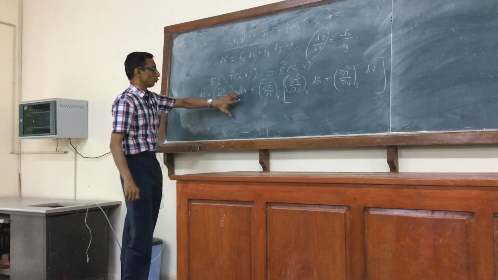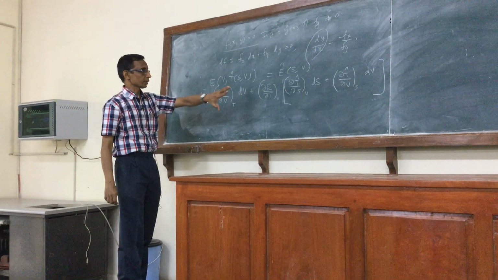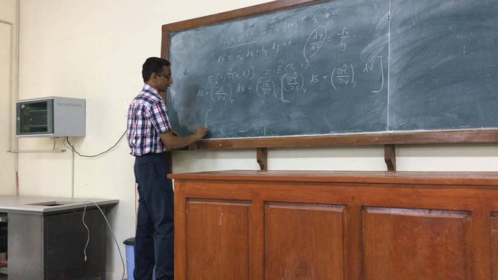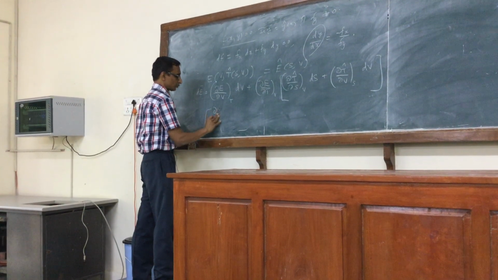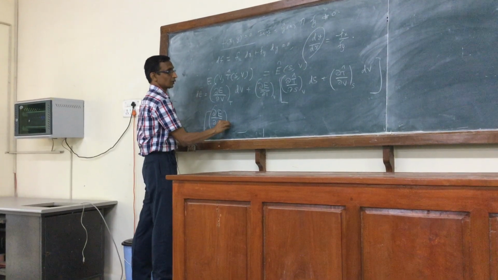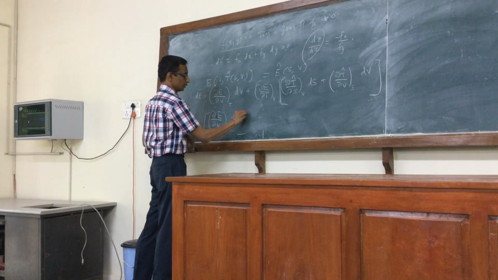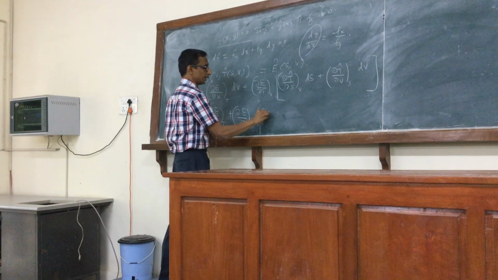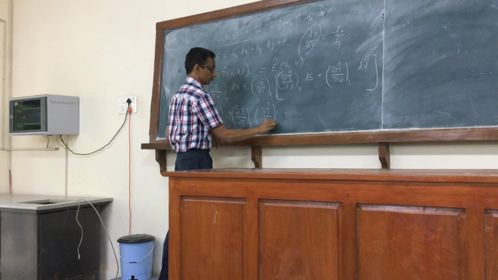So if you see now, there are two coefficients of dV. So if I gather together first the coefficients of dV, plus dE by dT times dT by dV.